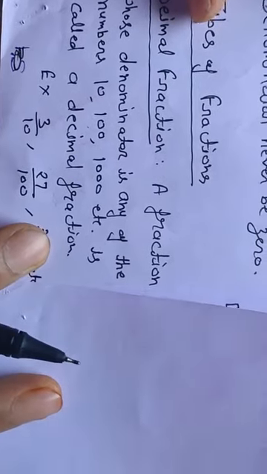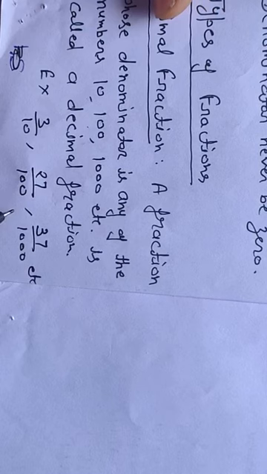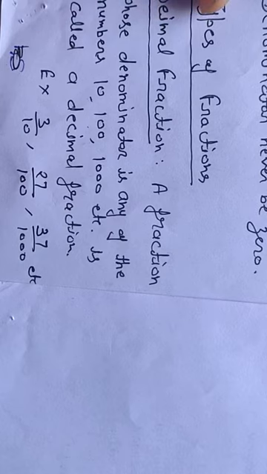For example, 3 upon 10, because the denominator is 10, so it is a decimal fraction. Another example, 27 upon 100. Similarly, the denominator is 100, so it is also a decimal fraction. Another example is 37 upon 1000, so it is also a decimal fraction.